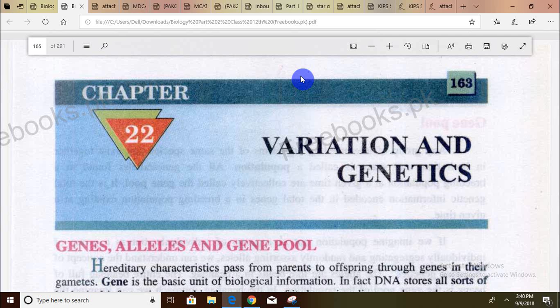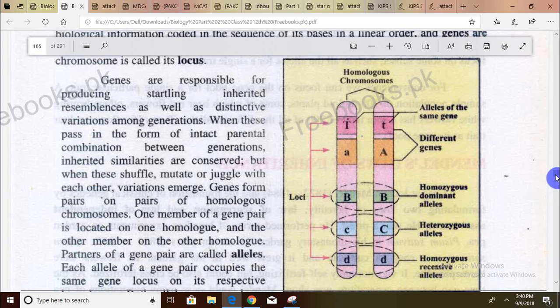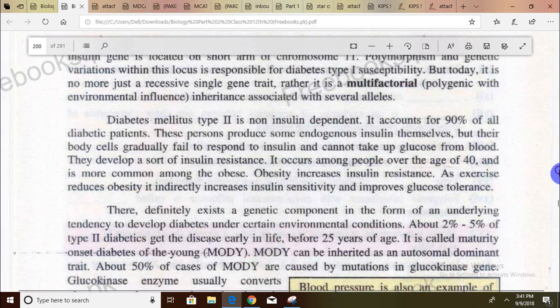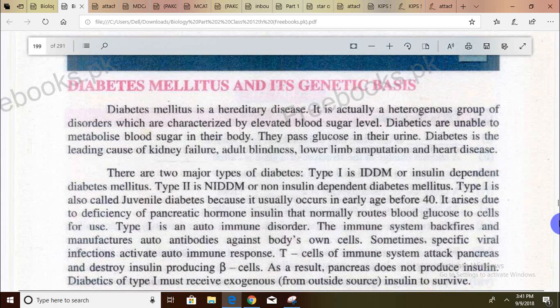So in this topic we're going to talk about which of these two diabetes, early or late onset, is the more common one, and what is so interesting about this subtype of type 2. For this you need your book with you.